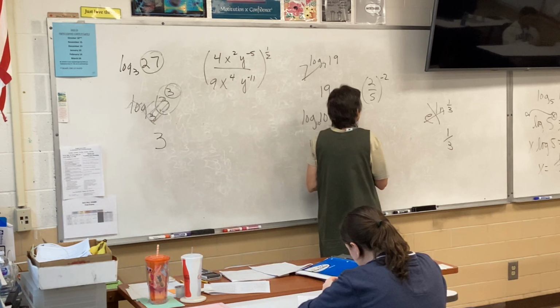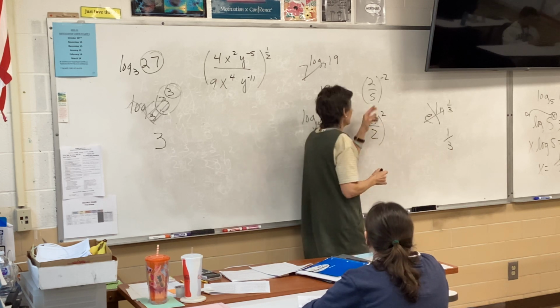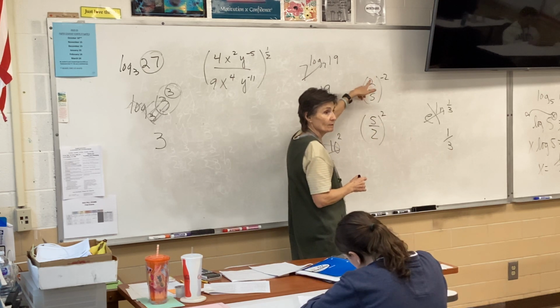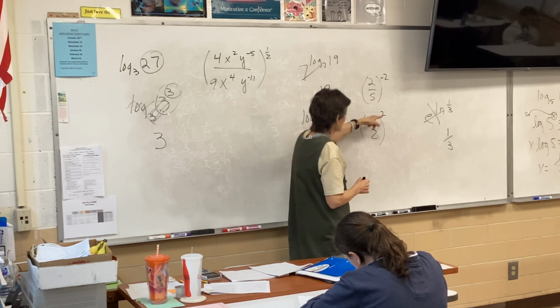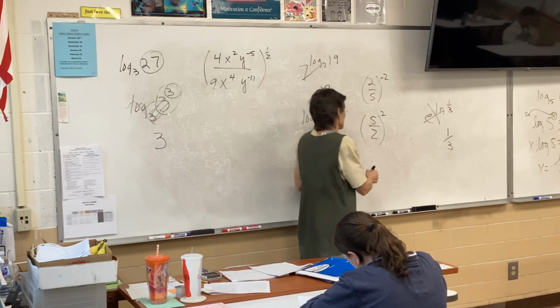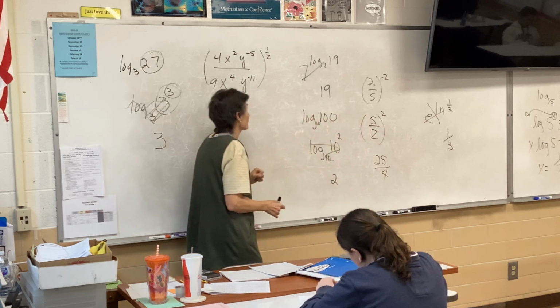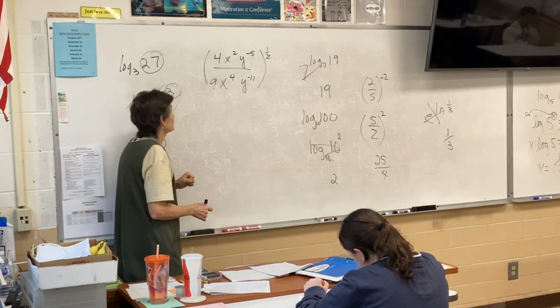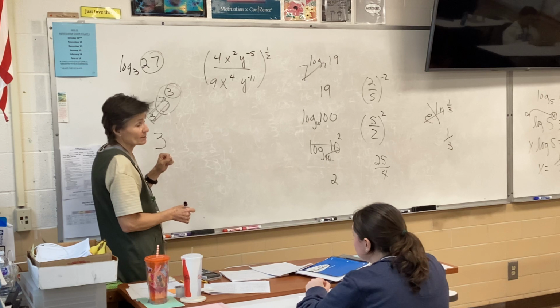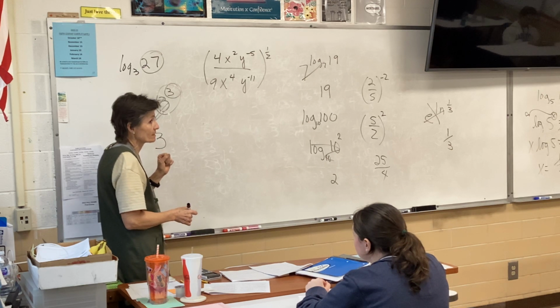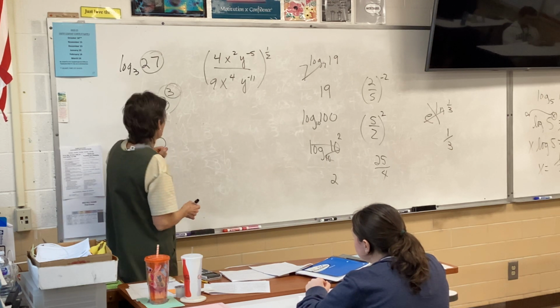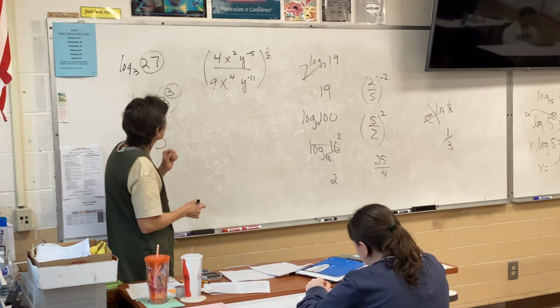25 fourths. Well, it's gonna be 5 halves, because we're going to flip it and then square it. So 25 fourths, just like someone said. And then 2y cubed over 3x. Well, that's way more than I can handle at one time. So, Scout, what did you do with this?